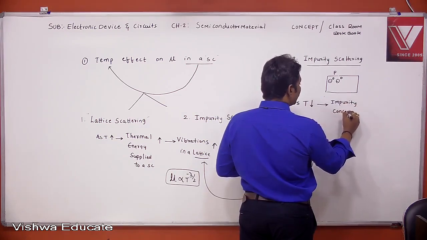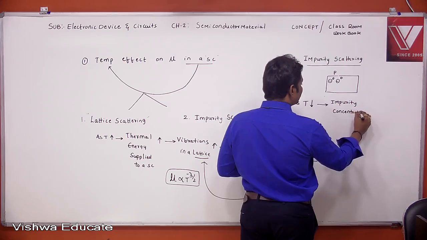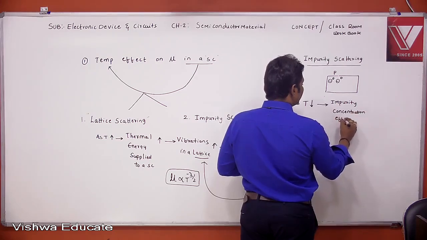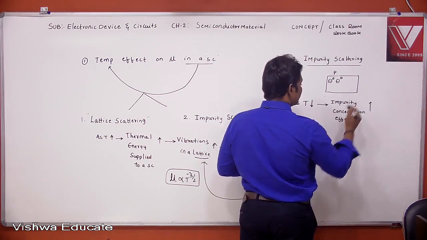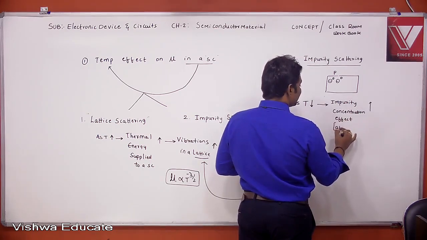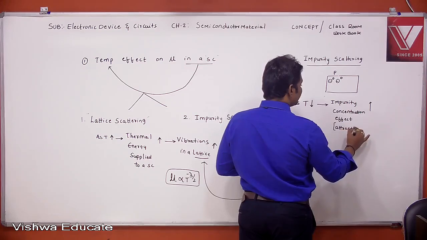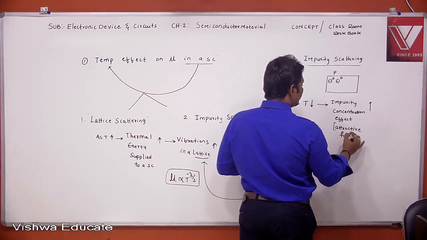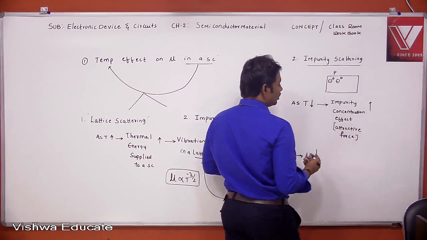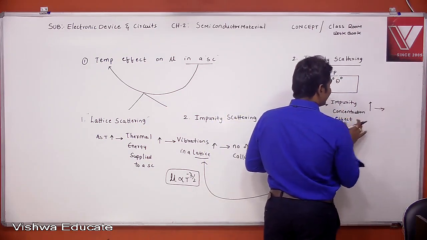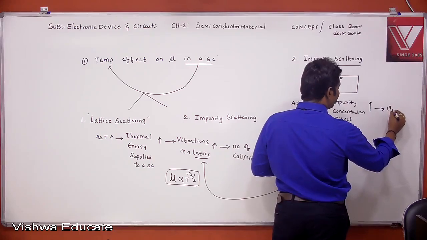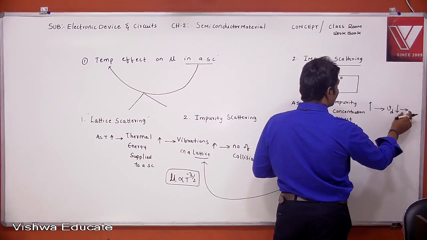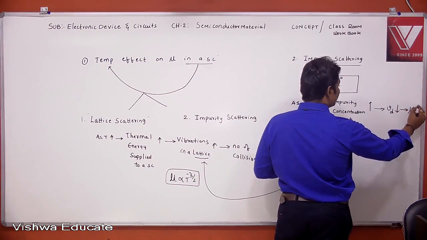Impurity concentration effect is increased, meaning the attractive force between hole and acceptor increases. If impurity concentration effect is increased, what about the movement of the charge carrier? It decreases. If the movement of the charge carrier decreases, the mobility decreases.